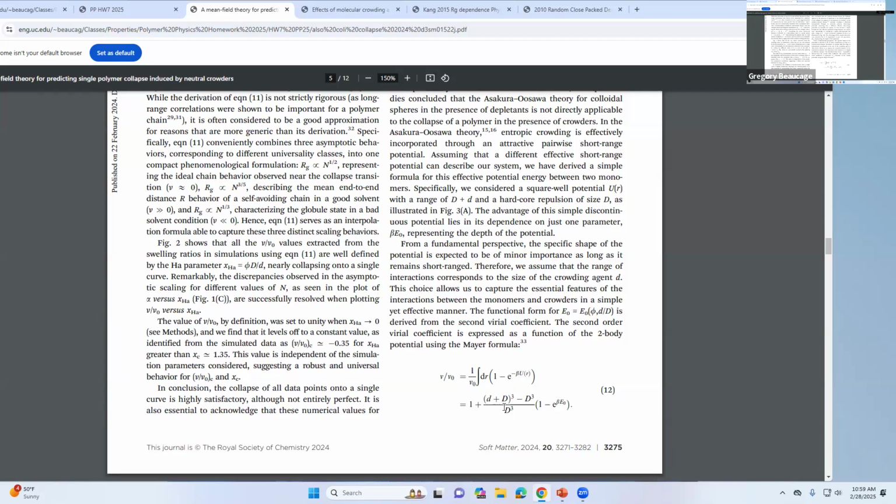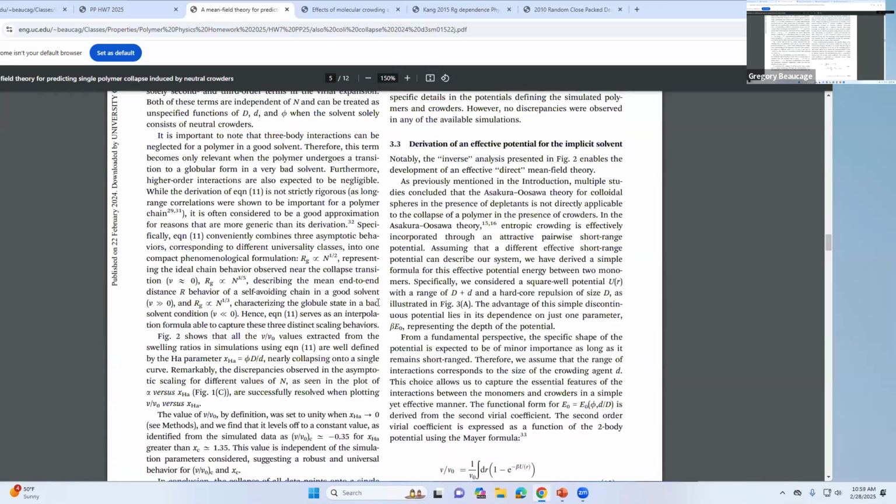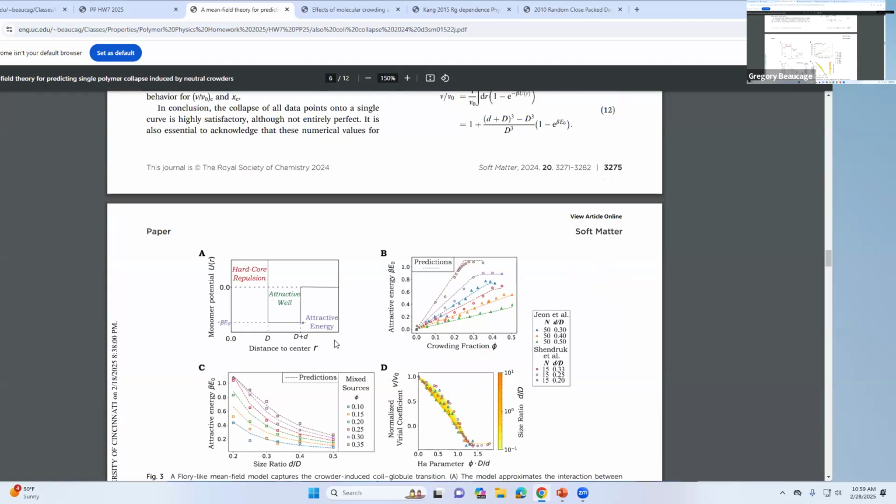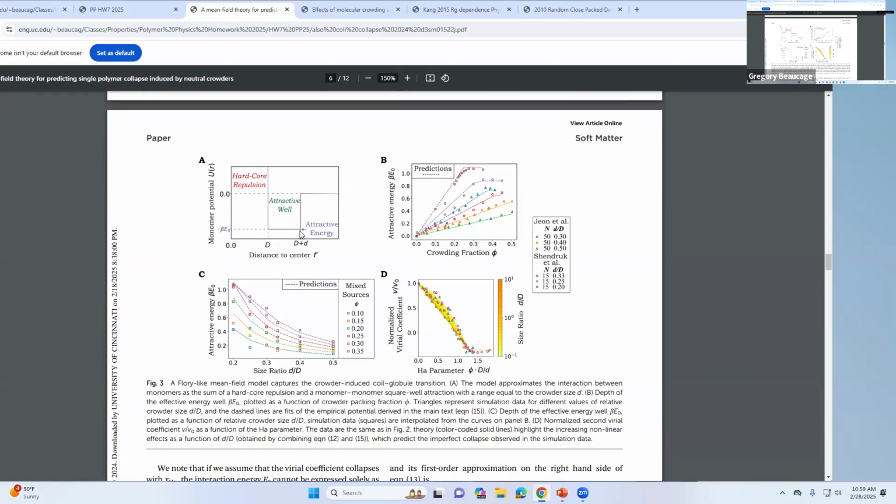He figures out that this thing is actually related to D and D and this energy thing here. Energy would be, he uses the square well potential, and energy is the well depth. We can get that well depth. Then he uses the energy fit BE that he got from that.